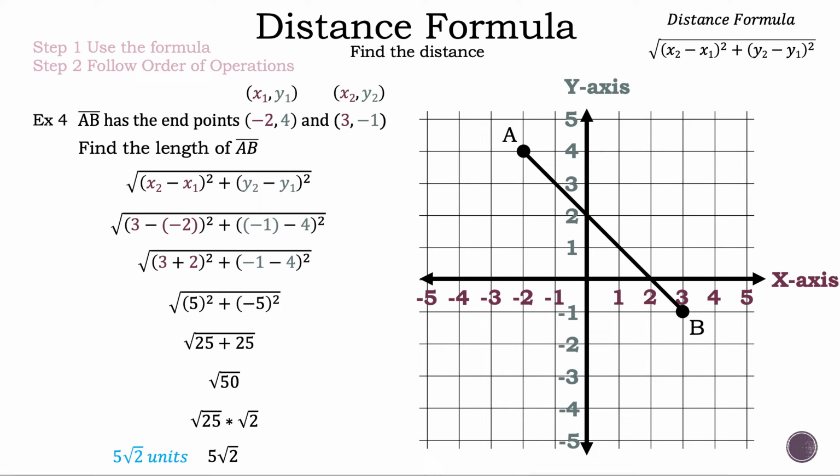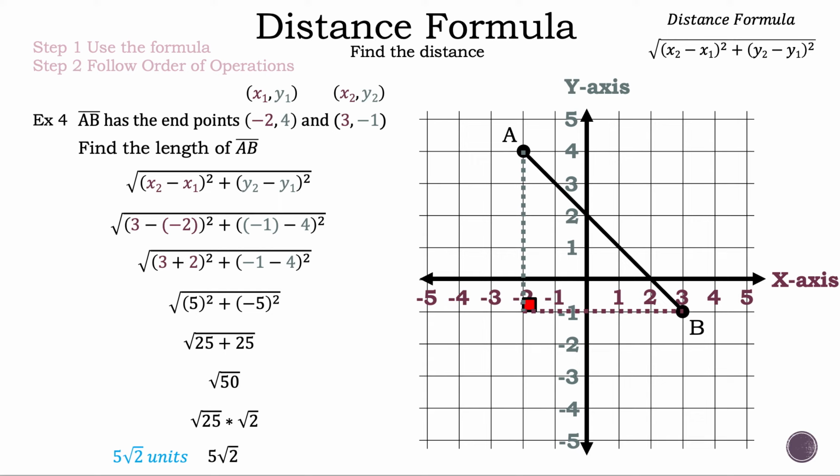Now, let's show you why this is the case using the graph. We're going to draw a dotted line from point B to underneath point A, and now we're going to continue by drawing another dotted line from the end of that dotted line to point A. As we can see, we have formed a right triangle where the hypotenuse is segment AB, and the 2 dotted lines are the legs.